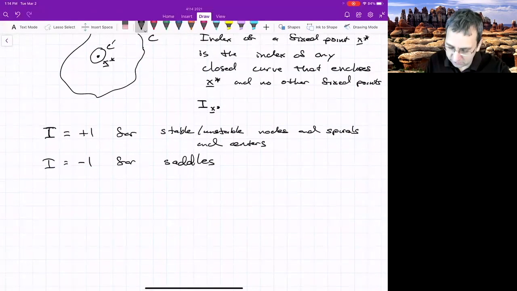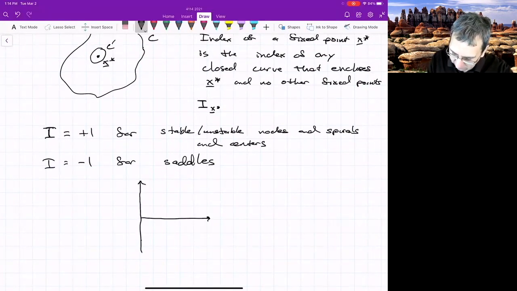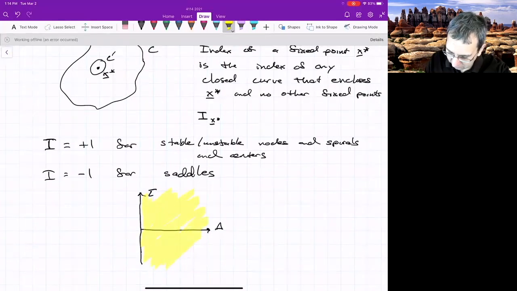If we were to use the plot we had before for describing the fixed points in 2D, remember delta was the determinant of the linearization matrix, and tau was the trace. I think before we divided things up over here for positive delta into stable and unstable.